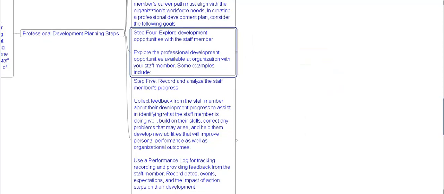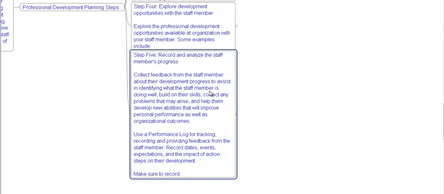Step 5. Record and analyze the staff members' progress. Collect feedback from the staff members about their development progress to assist in identifying what the staff member is doing well.